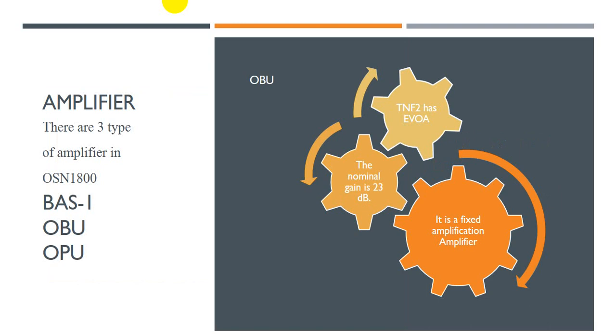So the next board is the amplifier. Amplifiers are required to send the signal to a far distance, because the signal gets degraded when it passes through the fiber. There are different types of fiber, but in general we use G652 fiber, which has a fiber loss of 0.2 dB per kilometer and a splicing loss of 0.02 dB per splice.